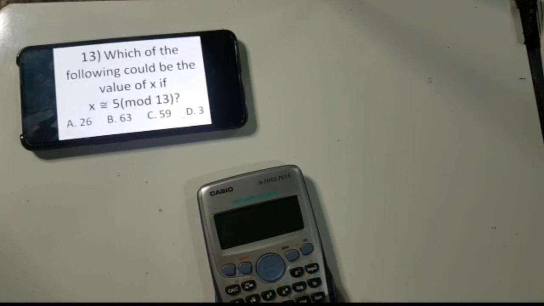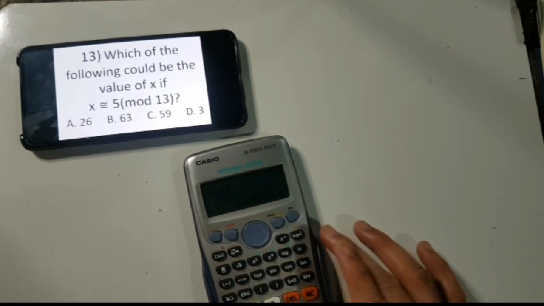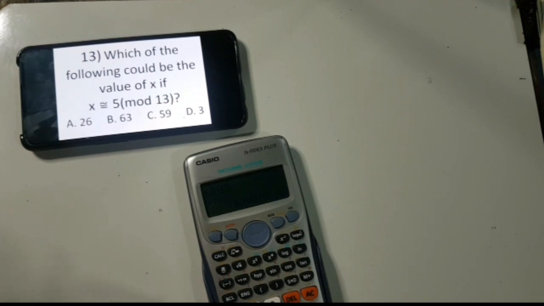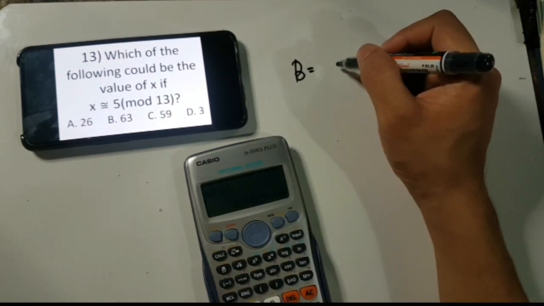So, try natin si 26. So, 26 divided by 13. That is 2. So, wala siyang remainder. So, hindi po si A ang sagot. Next, 63 divided by 13. So, that is 4.8. So, si letter B, ang kanyang remainder is 8.